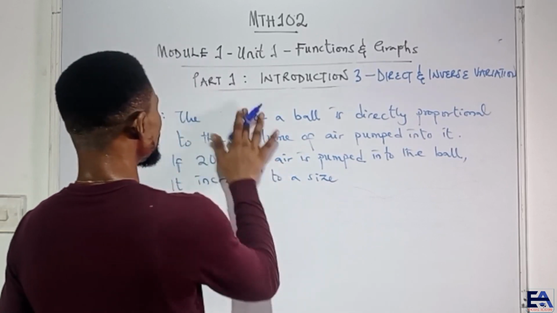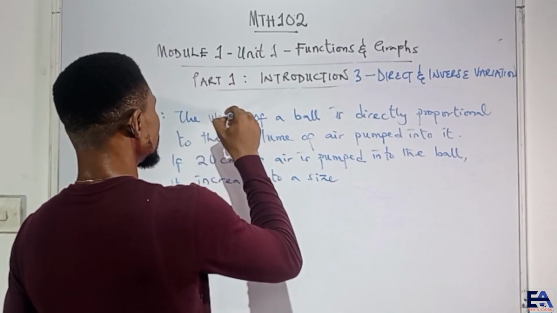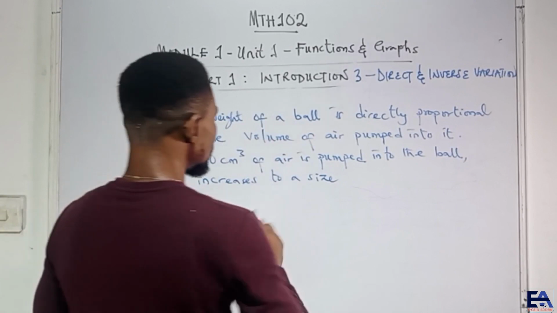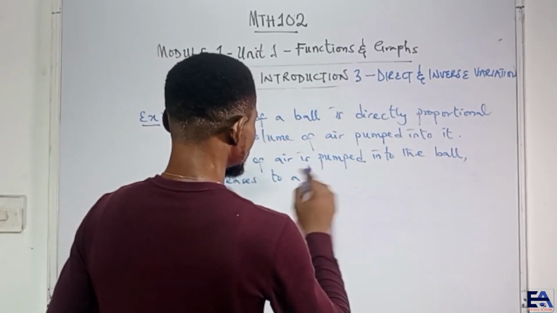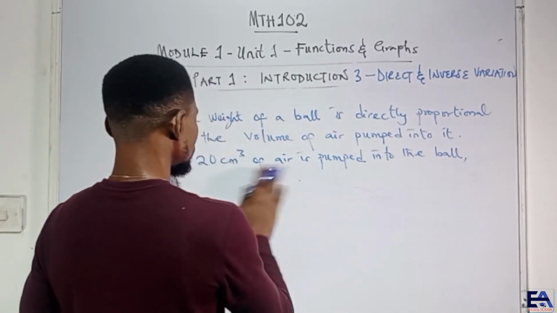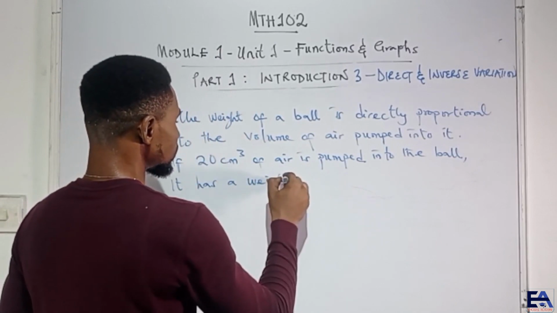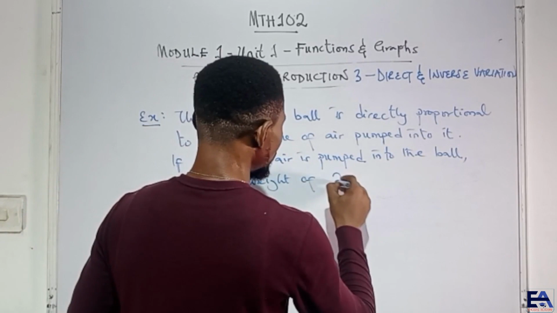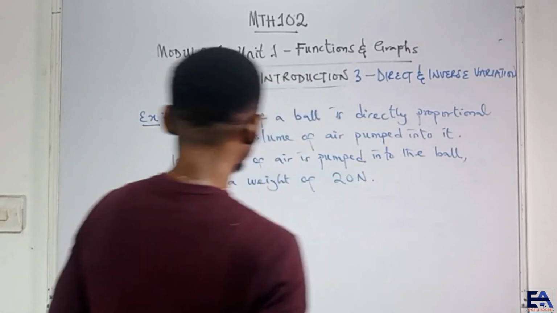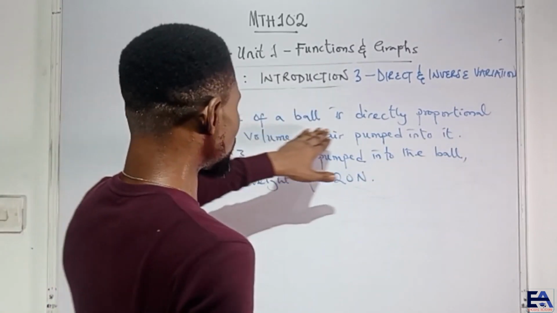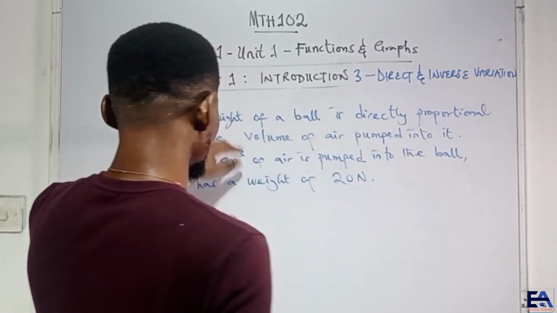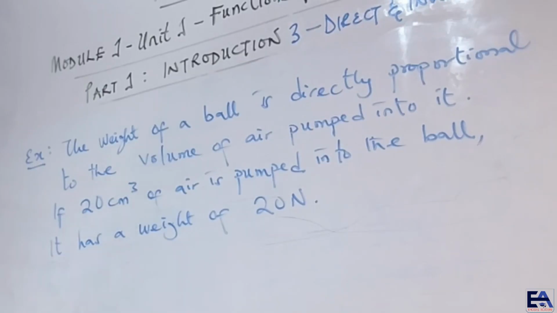The weight of a ball is directly proportional to the volume of air pumped into it. If 20 cm cubed of air is pumped into the ball, it has a weight of 20 newtons.